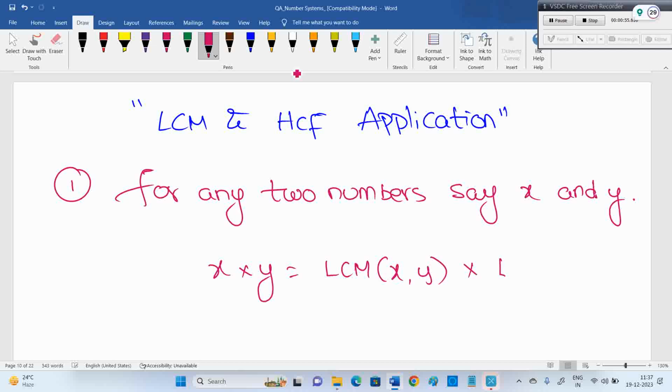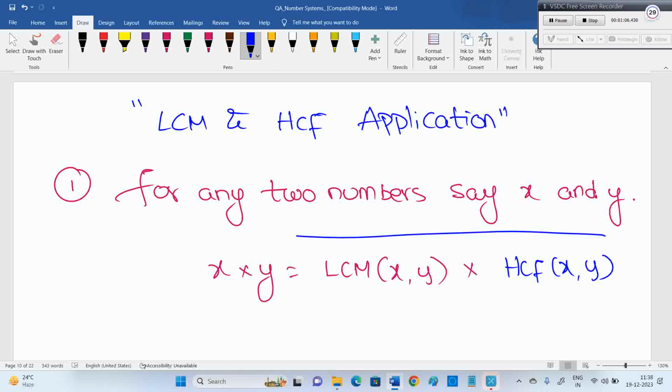For those two numbers, what is the LCM value? What is the HCF value? The product of those two is nothing but the given numbers' product. This property is applicable only for two numbers, not for three numbers.